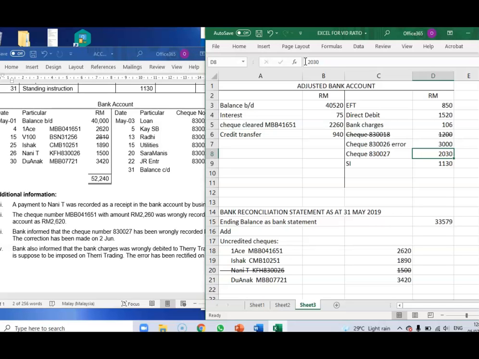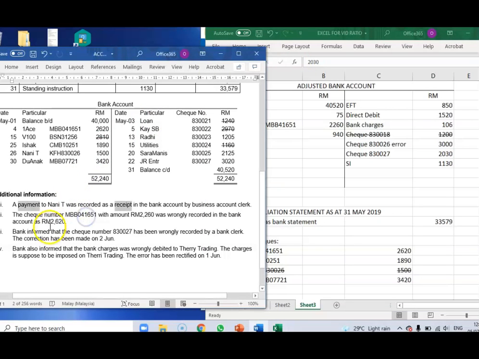Okay, next, the additional information saying that the check number MBB 41651 was wrongly recorded in the bank account. So who made the mistake? The bank or our staff?